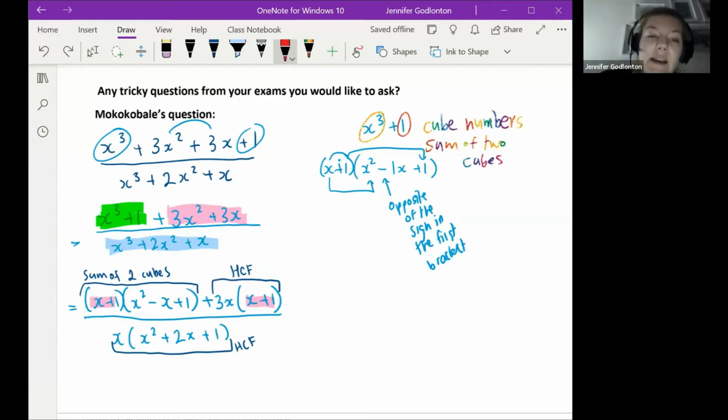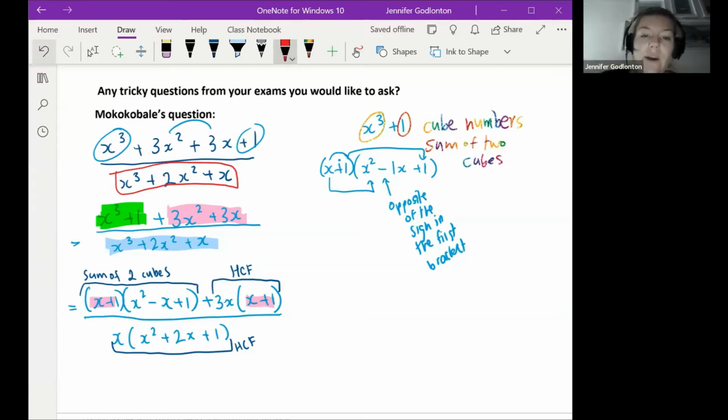But this denominator was an easy thing for us to factorize. That was an easy highest common factor thing for us to do. And so even in questions that seem really hard and monstrous and we don't know what to do, if there is even one small thing we can do, we should do it because we will get a mark for it. We never want to leave any question completely blank in a maths test or an exam.